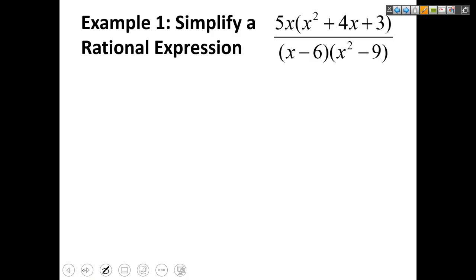So the directions are going to be pretty simple. I'm going to say simplify. So the goal is to do just that. You want to simplify. So take your numerator, write it in factored form.